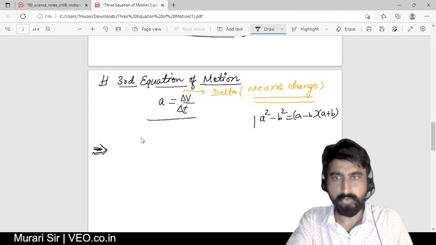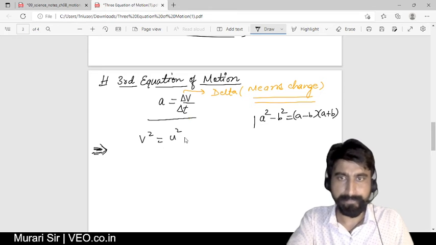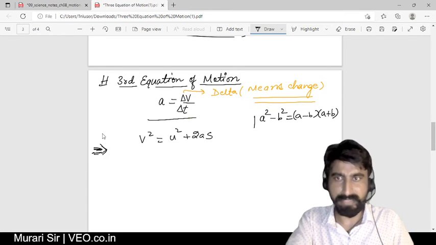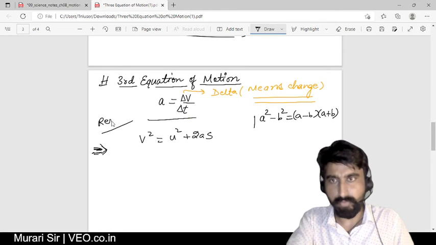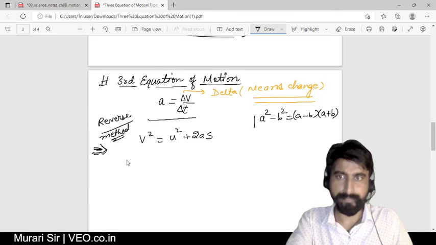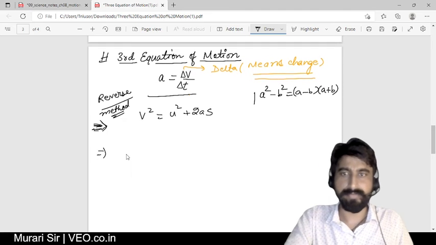Okay, so if we help you with the easy method, that is v square equals u square plus twice as, I'm giving a reverse method, okay? It will be easy to remember. Let's move forward.